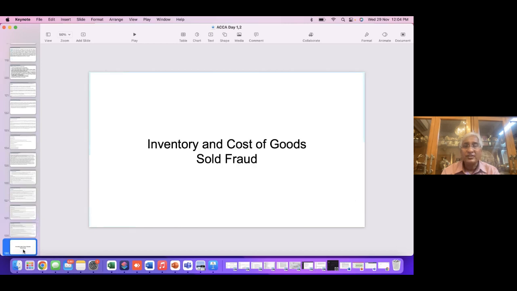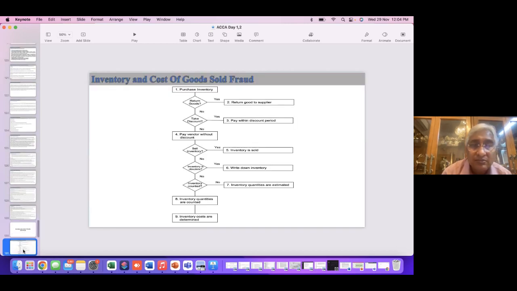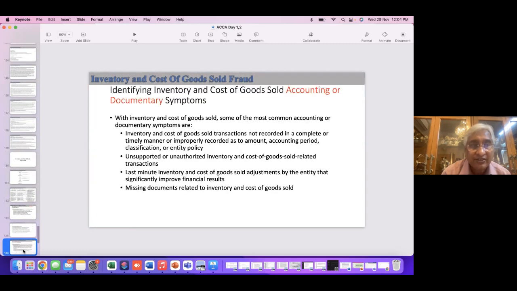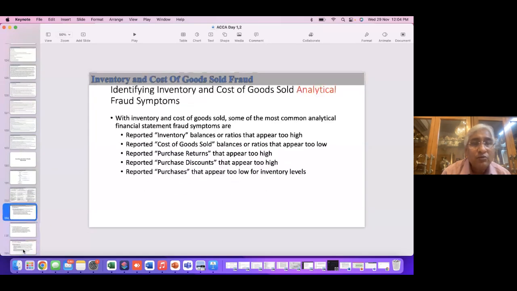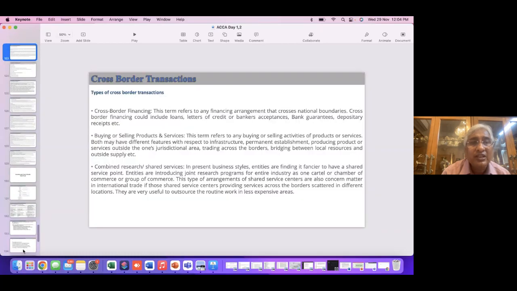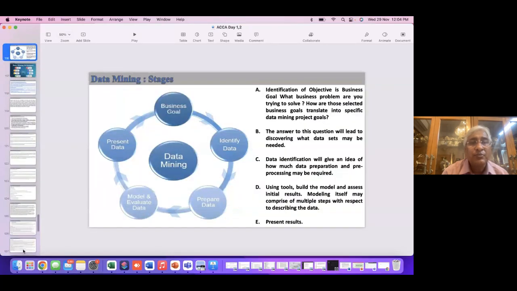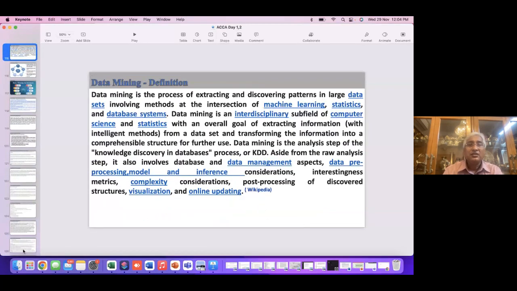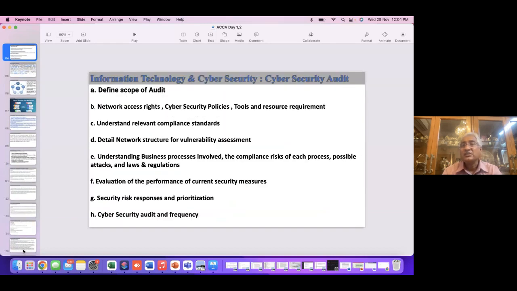So documentation is a major issue in such cases. So now with this, we'll end the related party and the cross-border transactions part.